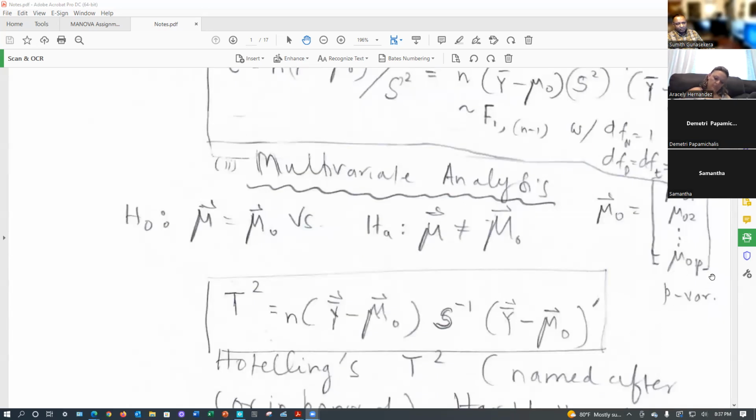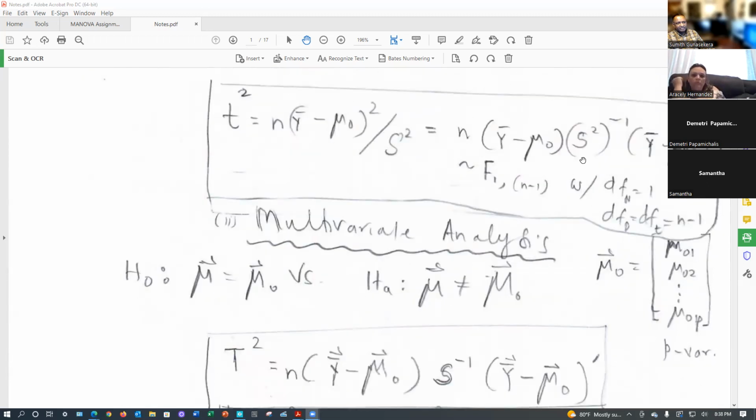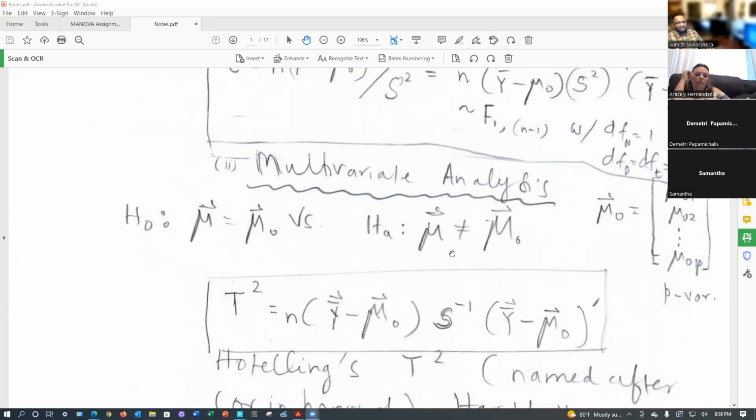This vector is p by 1, p cross 1. That's the size. Here I just get the analogous expression for the multivariate case.